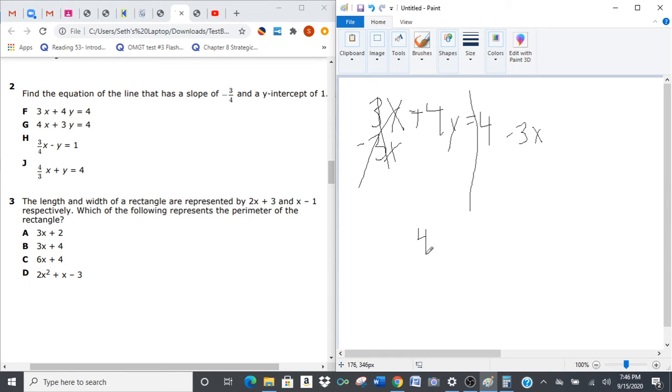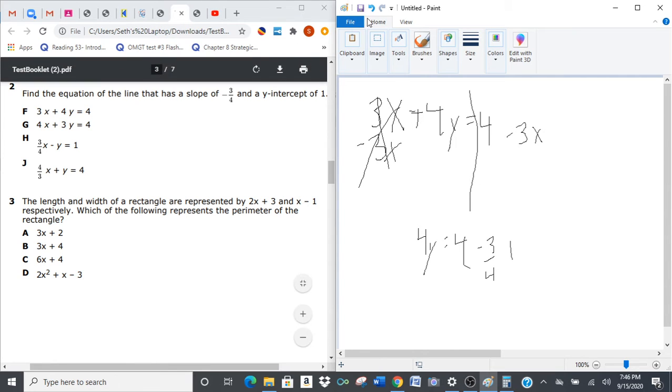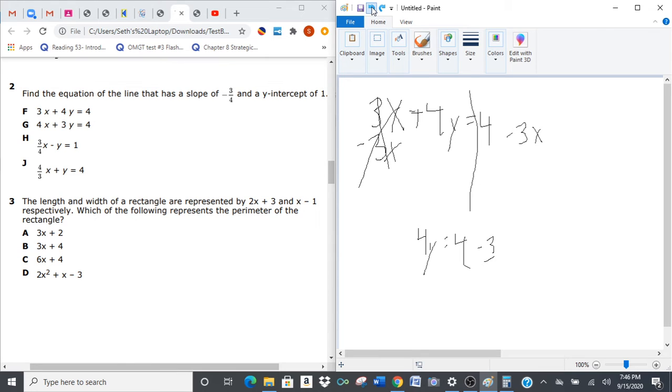So now we have 4y equals 4 minus 3x. Oops, I got ahead of myself. Minus 3x.